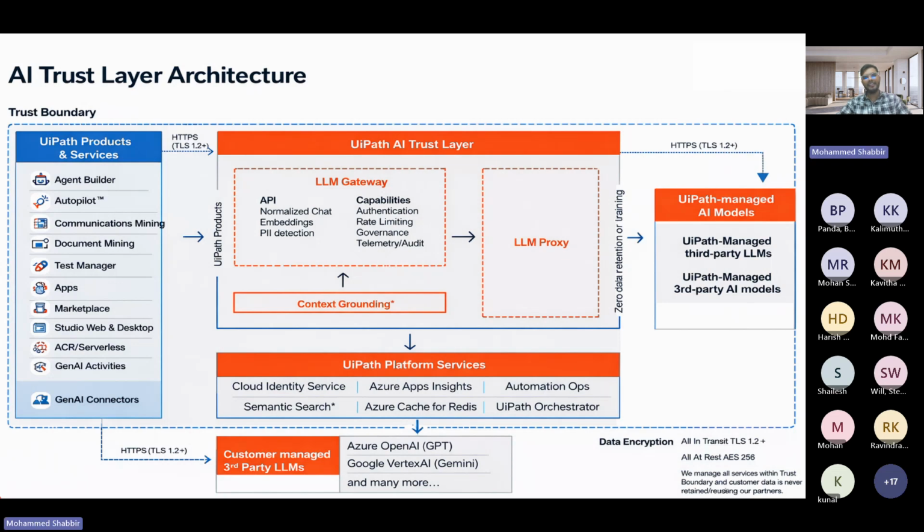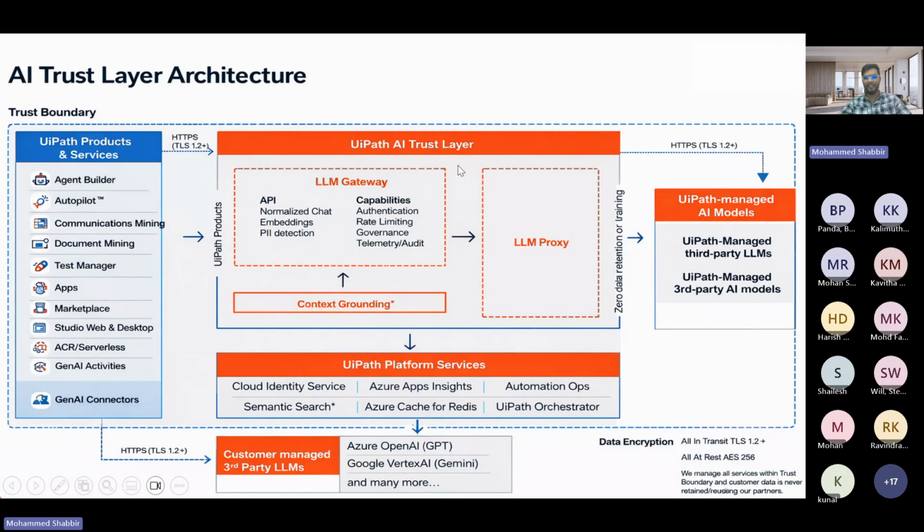In general, they will not directly call any LLM the way ChatGPT does. That's the concept. Before it makes a call, it has to pass through a layer, which we call the UiPath trust layer.